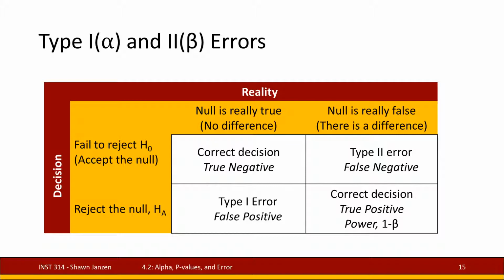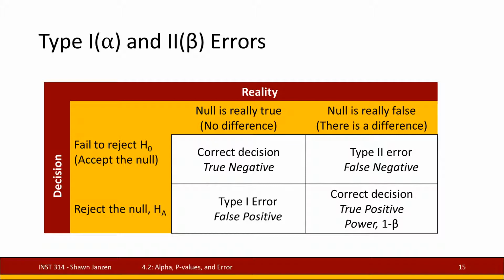In the rows, we have these decisions. What is it that we decided based on the data that we have? And then in the columns, we have the reality. What is the actual situation at the population? So when we have overlaps between decision and reality that are congruent, such as we failed to reject the null hypothesis, and in reality the null hypothesis was true, then we have a correct decision, and everything's fantastic.